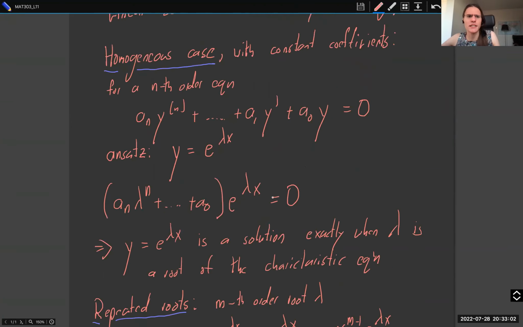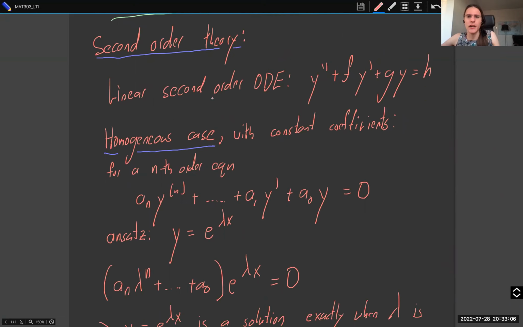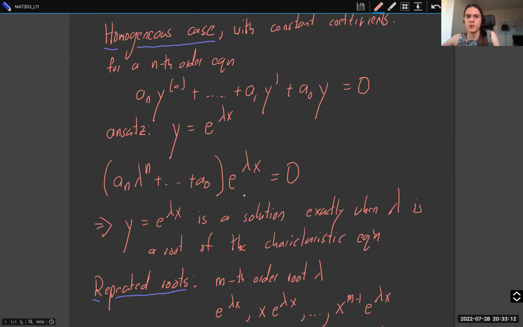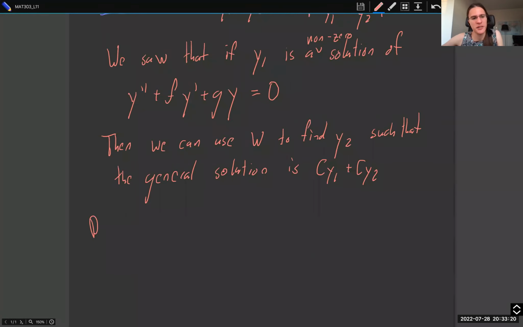Okay, what have I not said this entire time? It's sort of implicit. If you have any linear equation and it's homogeneous, then the space of solutions is a vector space. So if you find particular solutions, the general solution is a linear combination of particular solutions, right? So remember that linearity is a thing.